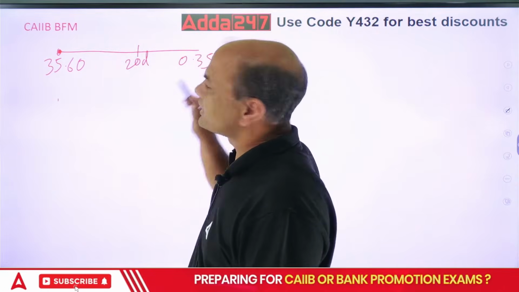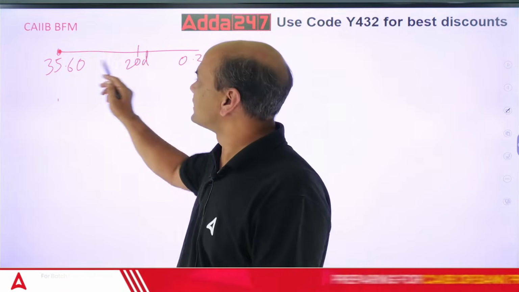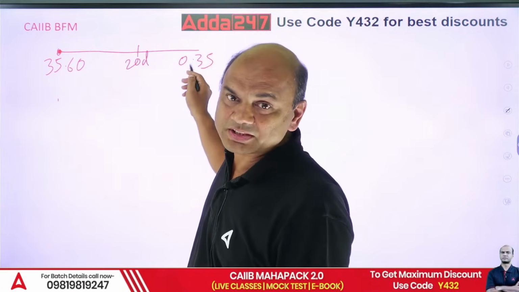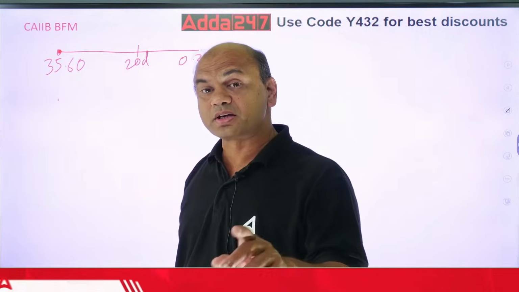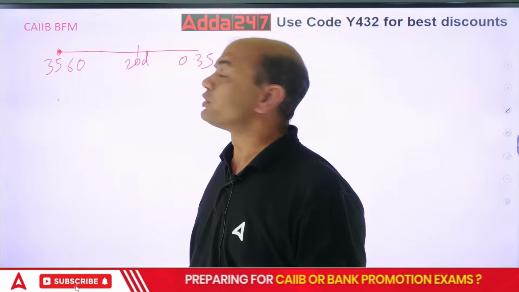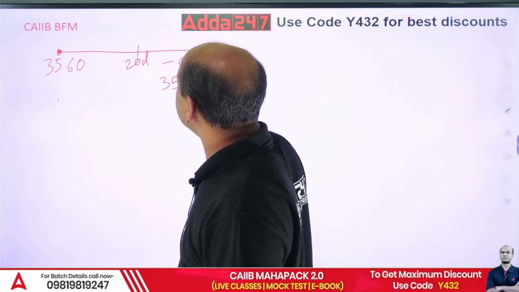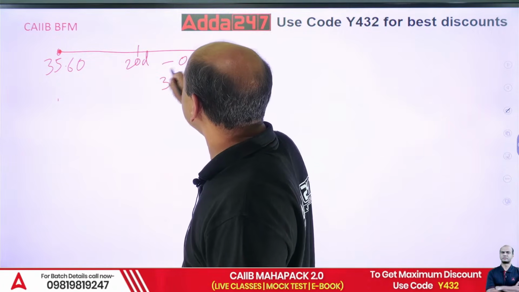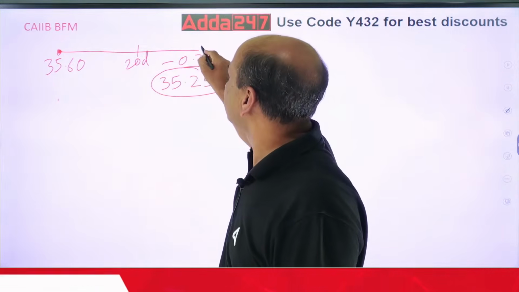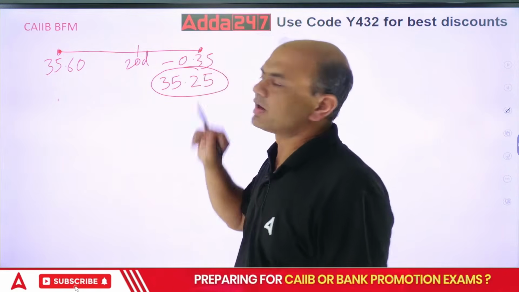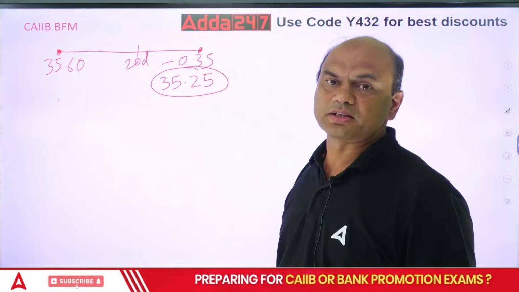This 0.35, I'll subtract it. See, this 35.60 minus 0.35. Why? Because the currency is in discount. So this will be minus. Minus means the rate will be 35.25. This is my rate for afterwards, means after 1 month.